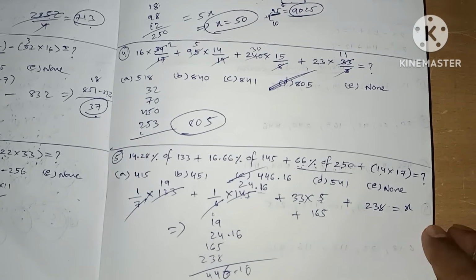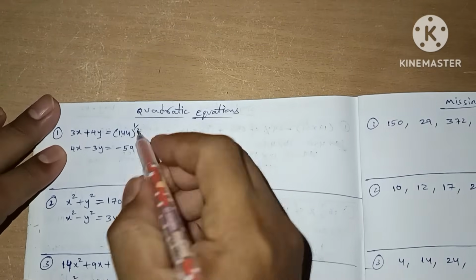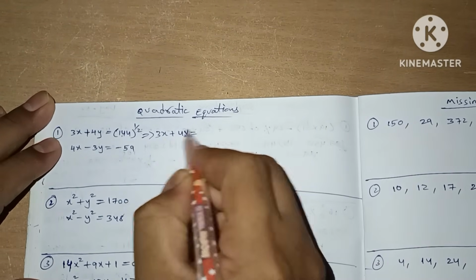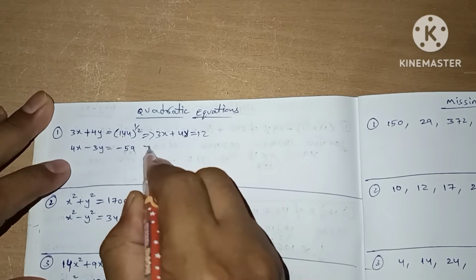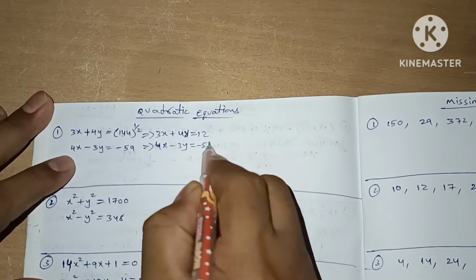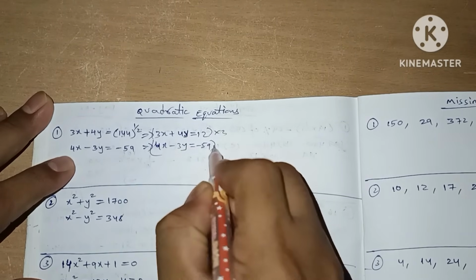Okay, next we are going to see quadratic equations. Quadratic equations, first question. Here it is 3x plus 4y equals to 12. Here we have 4x minus 3y equals to minus 59. Let's multiply this with 3, this with 4.